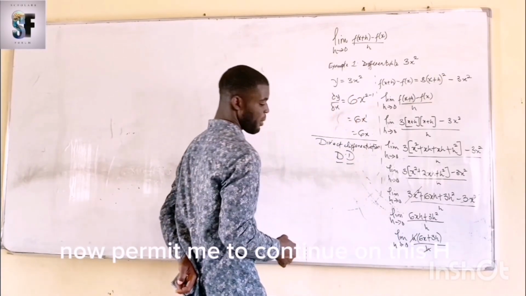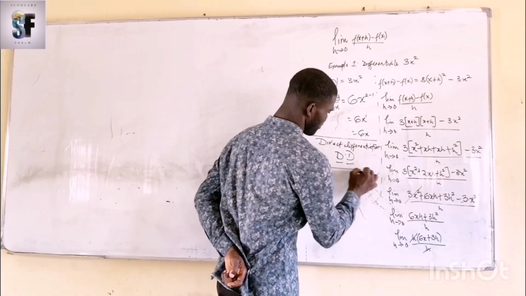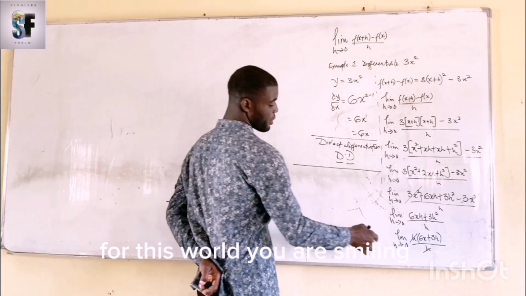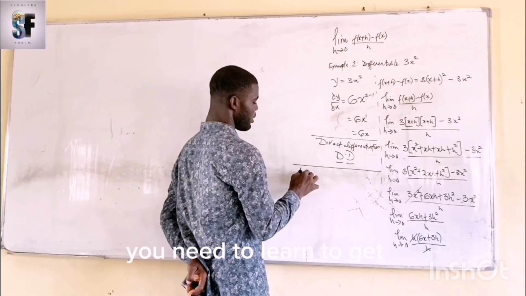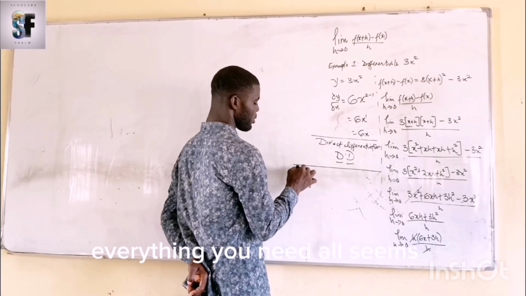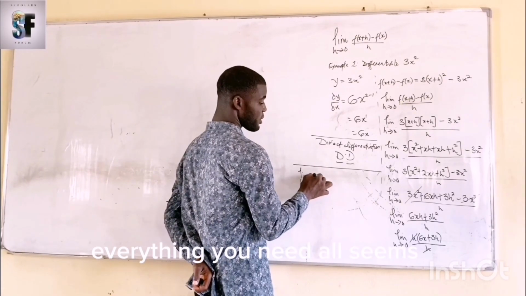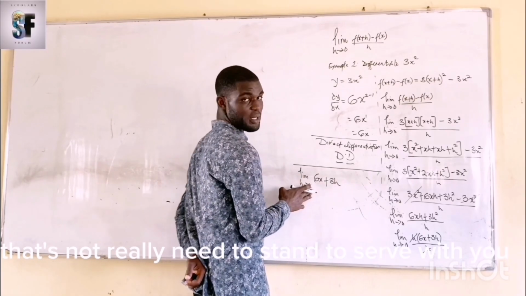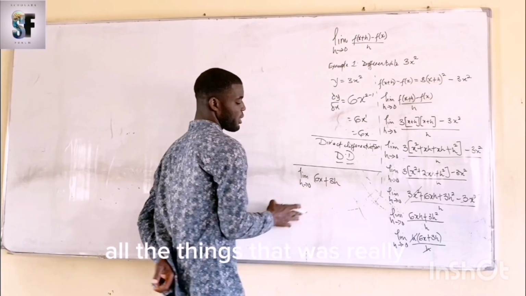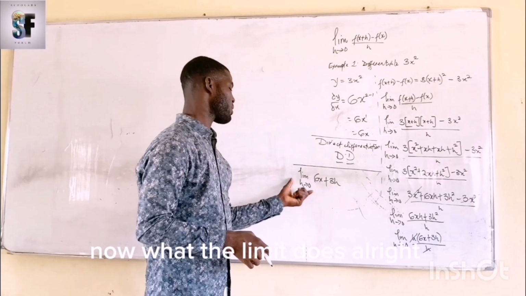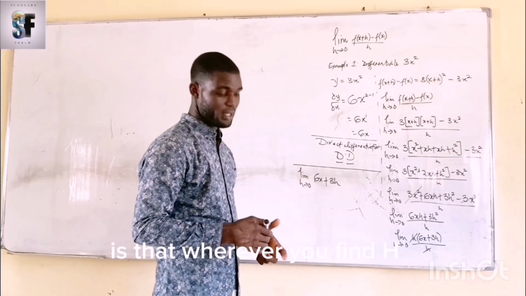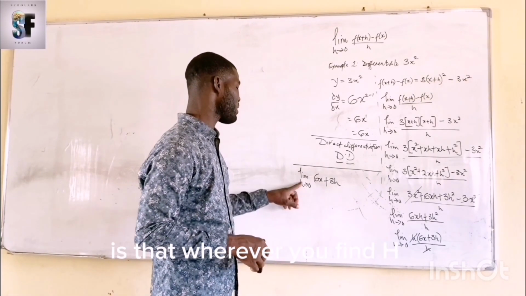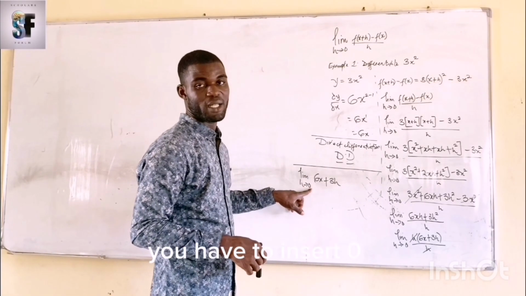Now permit me to continue on this page. So this will give us finally, we are almost there, the limit as h tends to 0 of 6x plus 3h. Now what the limit does is that wherever you find h, you have to insert 0.